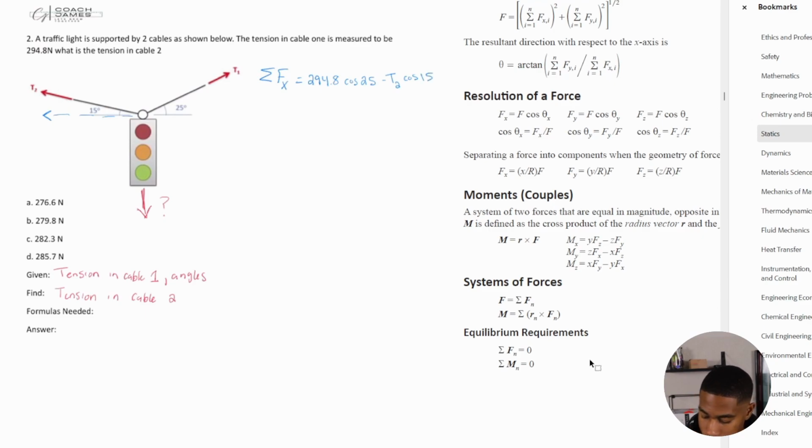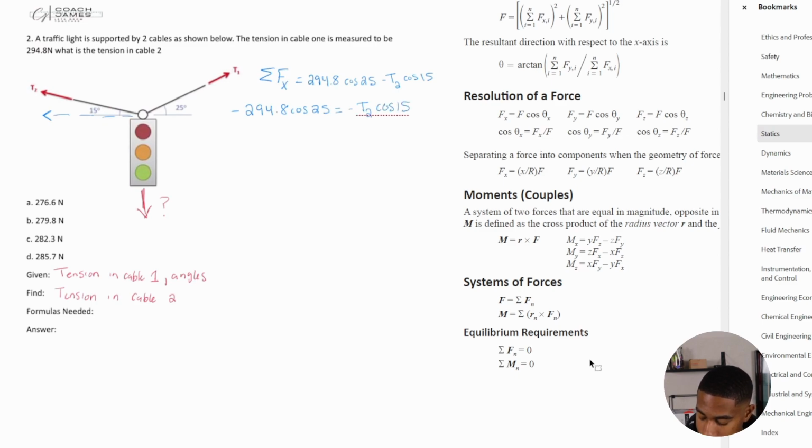All right. So to get T2, you're going to bring everything to the other side and then divide by cosine of 15. But I won't. I will take my time with this one and make sure that you fully understand. So we're going to say it's negative 294.8 cosine of 25, which is equal to negative T2 cosine of 15.